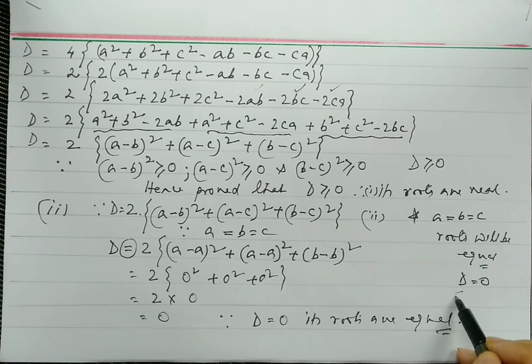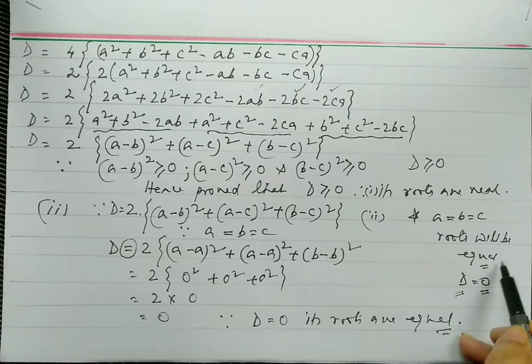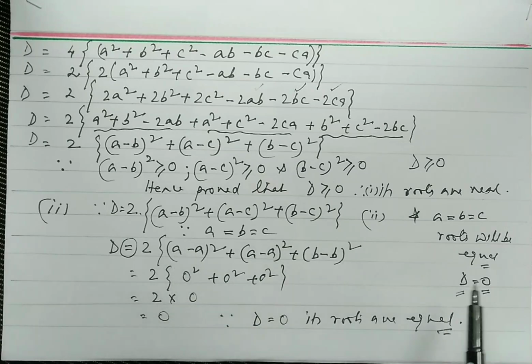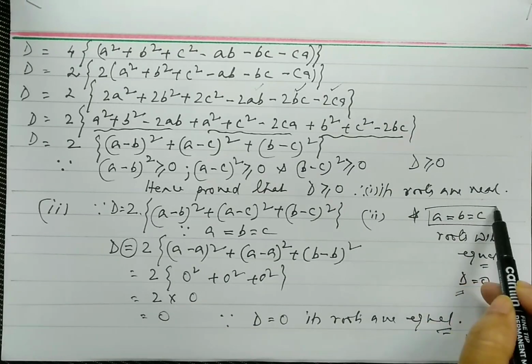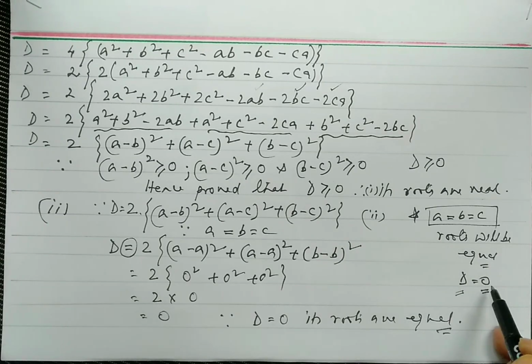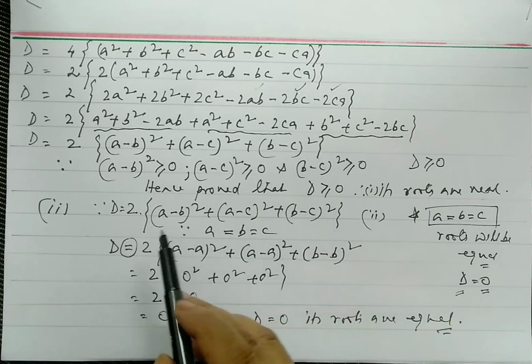We can indirectly prove it: if the discriminant is equal to 0, it will mean that the roots are equal. They are mirror images of each other. So how do we do it? Since they have already laid out that A equals B equals C, in that case only, we'll have D equals 0. So let's do it.